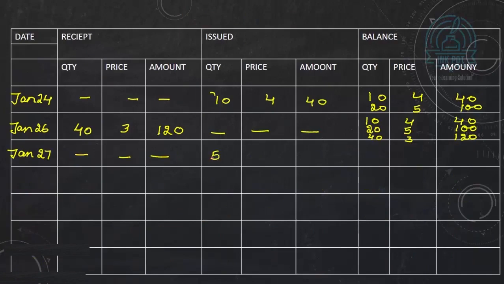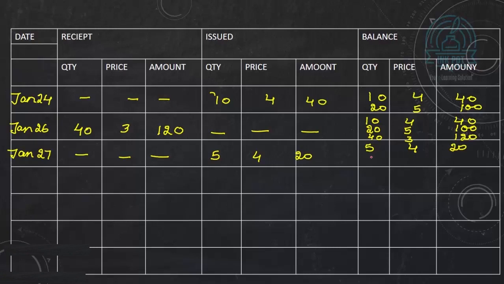So 5 units are issued. Now we will issue 5 units at this price, that is at the rate of 4. 5 fours are 20. Now we are left with the balances 5 units at the rate of 4, that is 20.